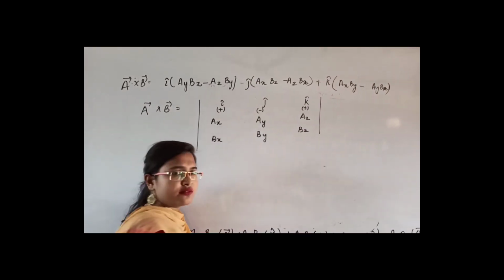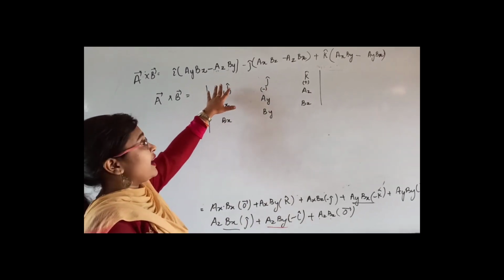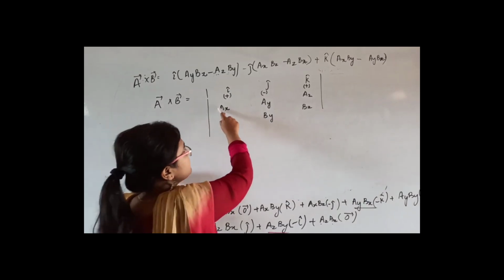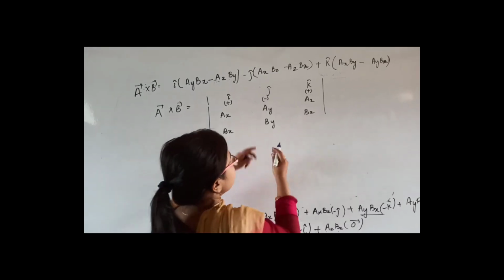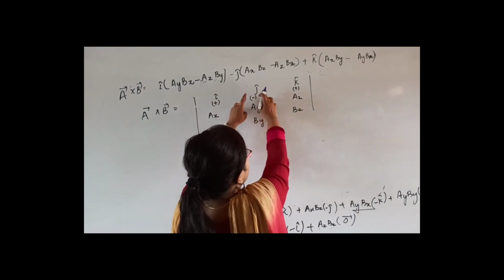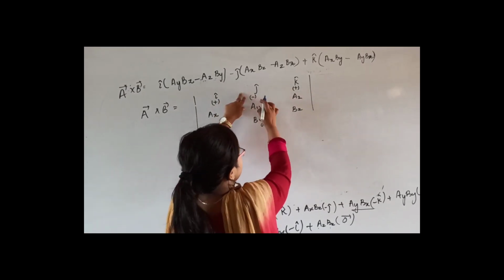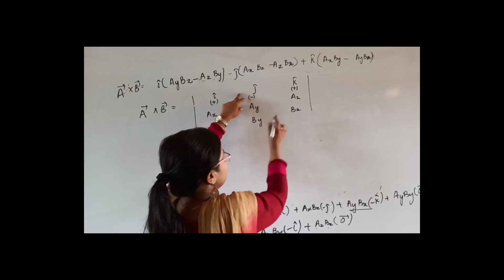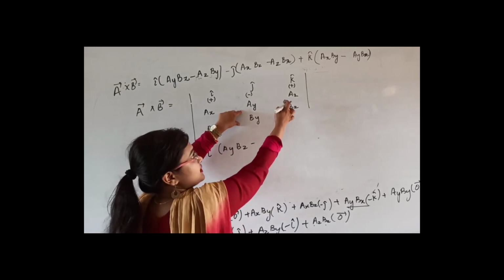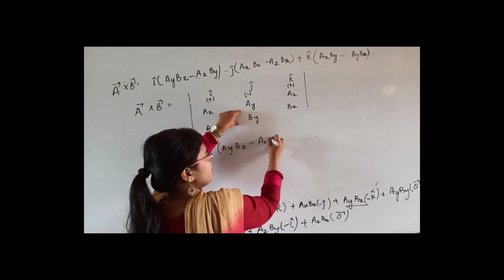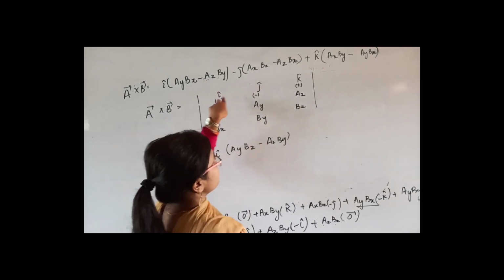Then how to solve this in determinant form? See, when we are solving for the i cap component, neglect its row and column. The remaining will be i cap, then ay into bz minus az into by. For i cap, neglect the column and the row.